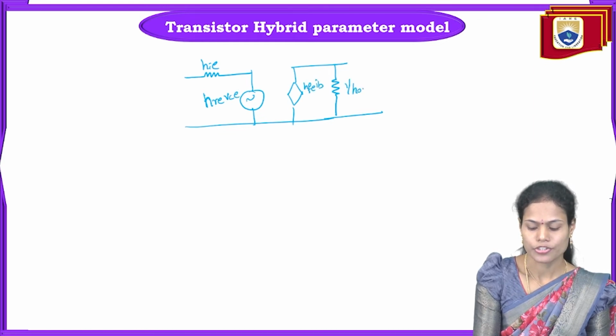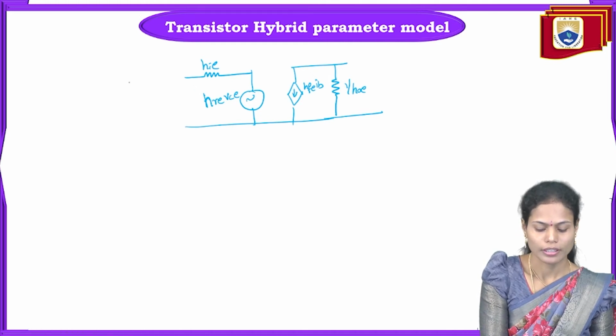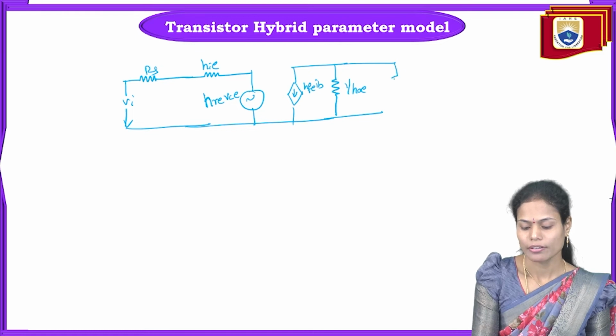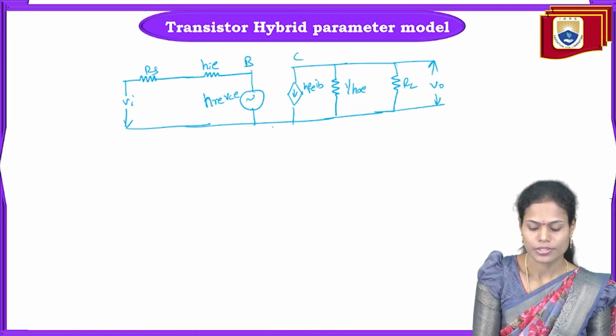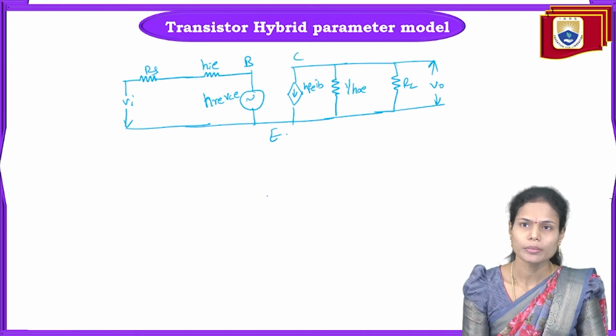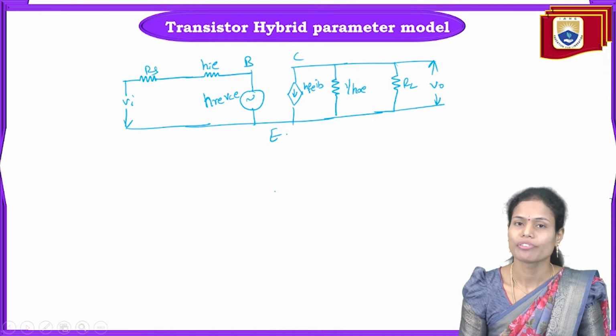This is 1 by HOE. And along with this, we also have the source resistance, and here we are applying the input signal, and we also have the load resistance RL, and we'll measure the output voltage here. This is base, collector and emitter terminals. So this is the circuit for the given problem, and from this we need to find the parameters.